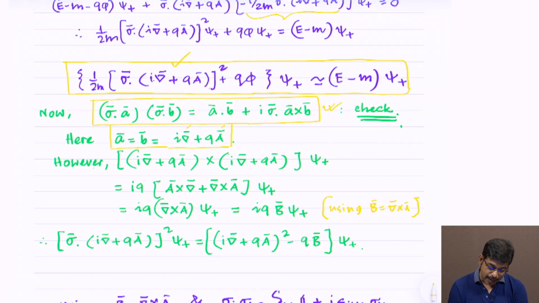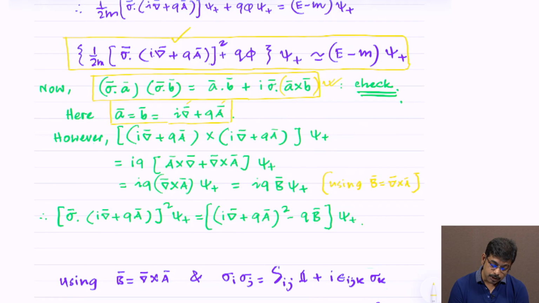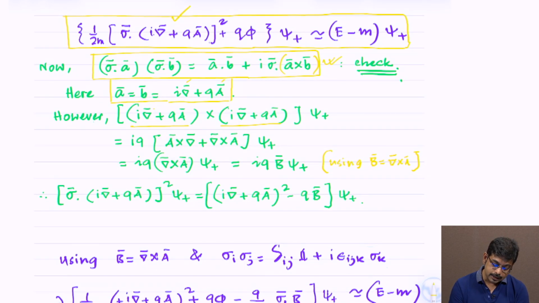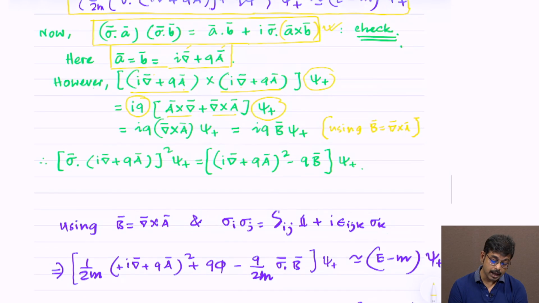That you can calculate, because I have this quantity sitting here which is sigma dot A cross B. So, with A equal to B equal to i del plus q A, this quantity i del plus q A cross i del plus q A, you can easily see that this will give you A cross del and del cross A. These are the two terms with a prefactor of i q sitting, and psi plus is sitting, on which this is acting.